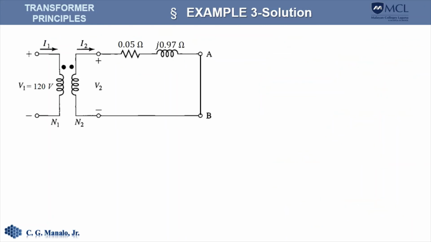Now, to answer the question for letter B, the second question tells us that we apply a voltage at the primary winding equal to 120 volts RMS, and we short the terminals AB at the secondary.